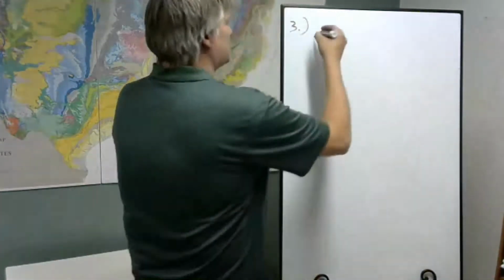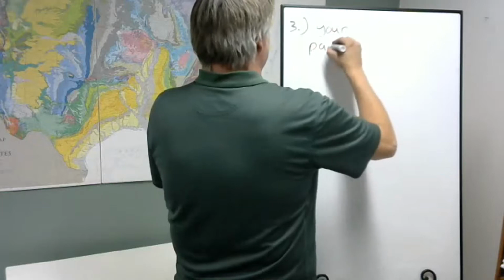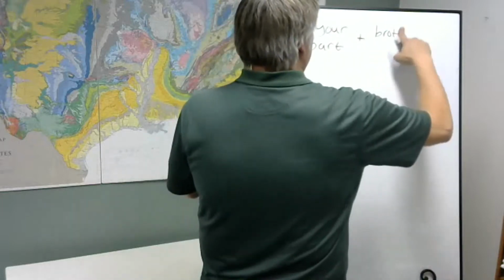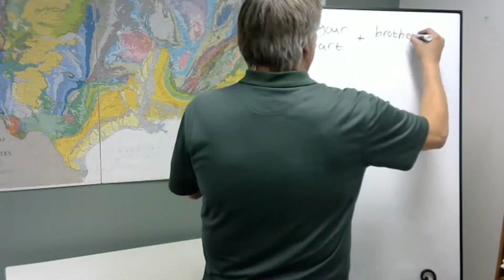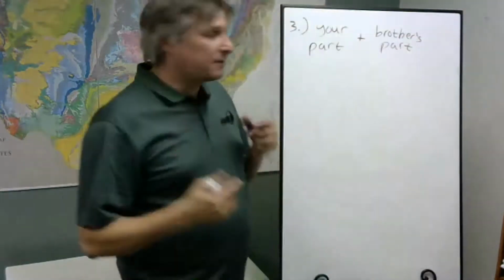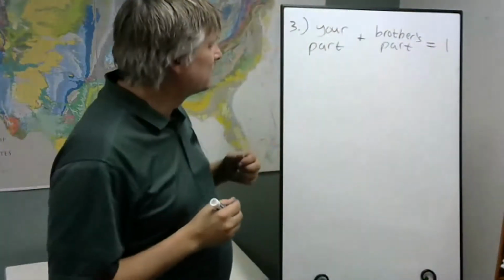So what's going to happen is you're giving some kind of contribution. Your brother is giving some kind of contribution. And those brought together will complete the job. You'll get 1 job. So there's your part. There's your brother's. And when you put your efforts together, your contributions will add up to 1.